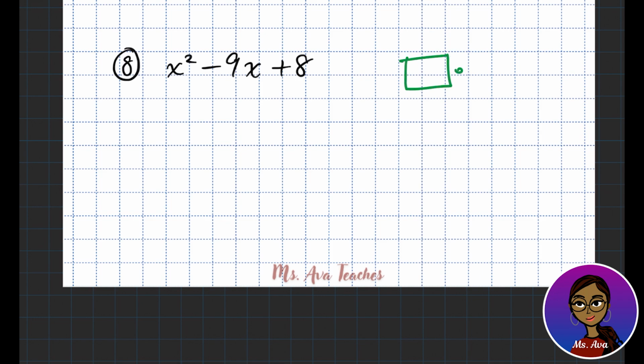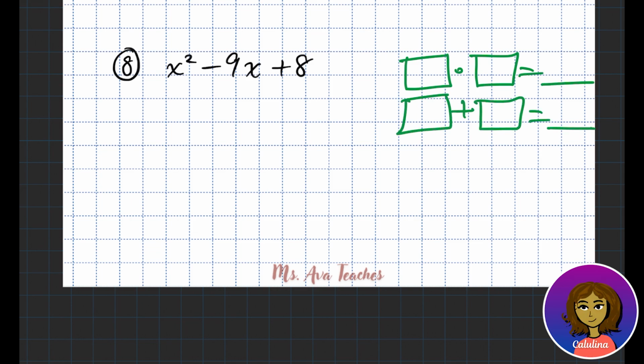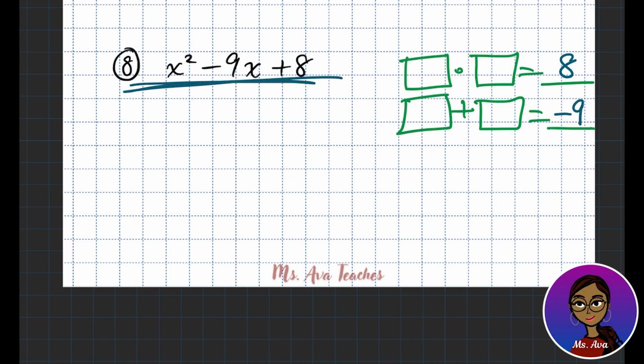So two numbers that multiply to give us what and add to give us what? Multiply to give us 8, yes, and then add to give us negative 9. Yes. Awesome. So what's the A here, by the way? It's just a 1, right?